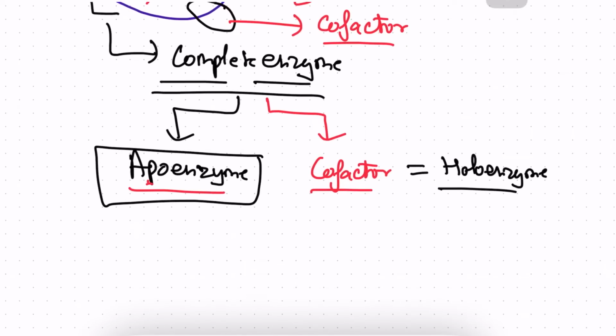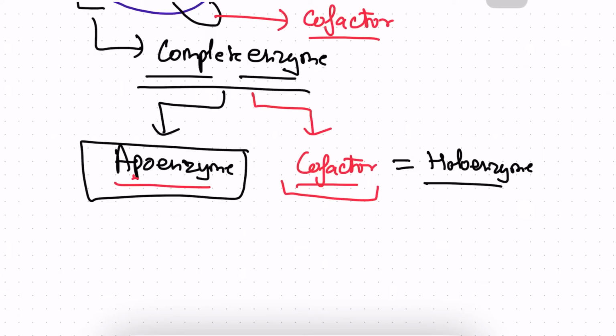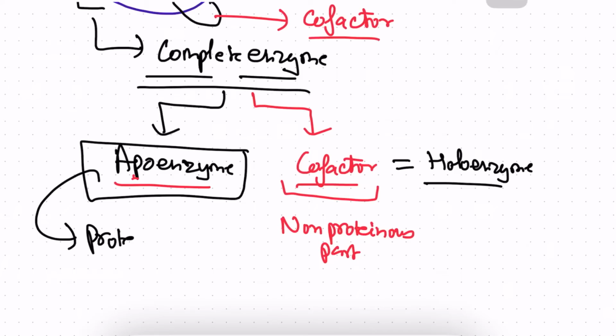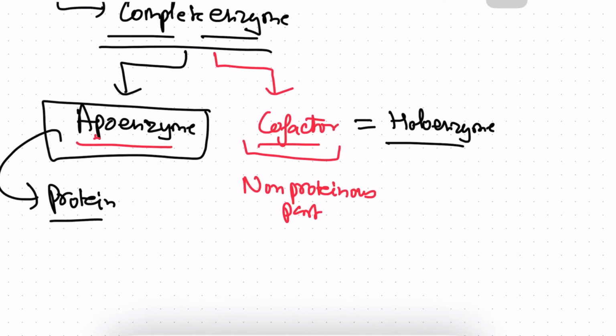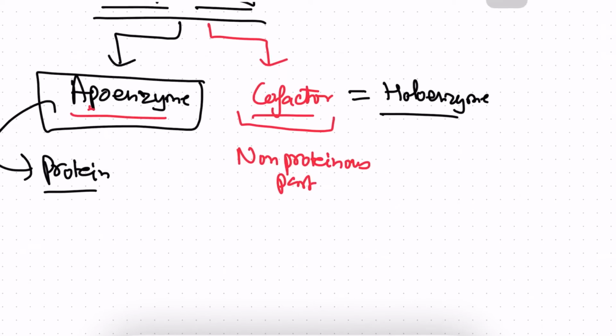Now let us focus on this term cofactor. I have told you that generally the cofactor is the non-proteinous part of the enzyme, while the apoenzyme is the protein part. Now in the case of cofactor, we are also going to have categories. These cofactors can be of two types.